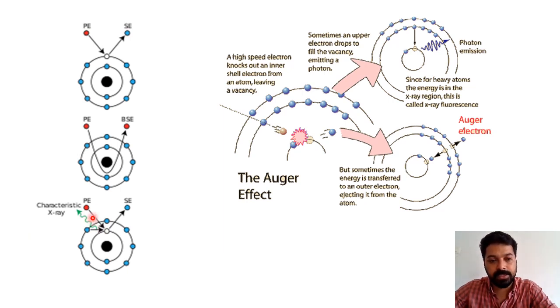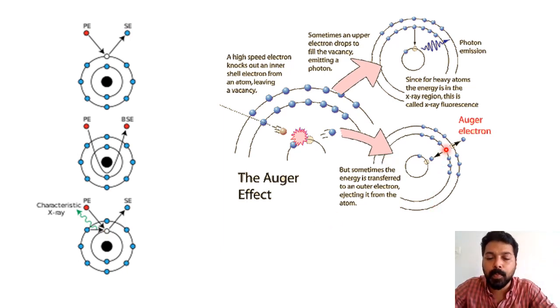These X-rays or photons are characteristic of each atom, because the energy gap is characteristic of each atom. For iron, there will be different types of photons or X-rays ejected, and for copper, the X-rays will be different. In that manner, this X-ray can be utilized for the characterization of the element, or elemental analysis.